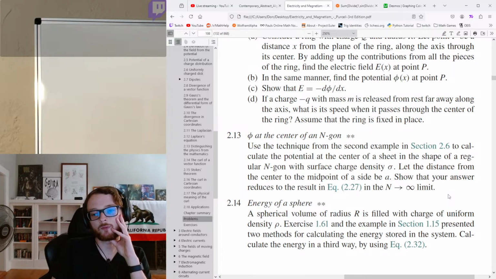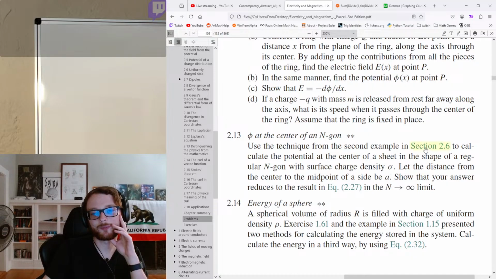Let the distance from the center to the midpoint of a side be A. Oh, this is gonna be kind of neat. It's gonna be like the Archimedes estimation for pi, with an increasing number of sides of a polygon to approximate a circle.